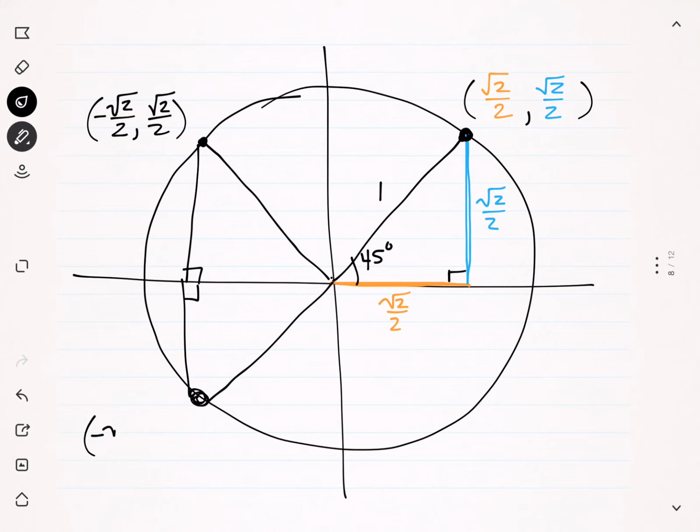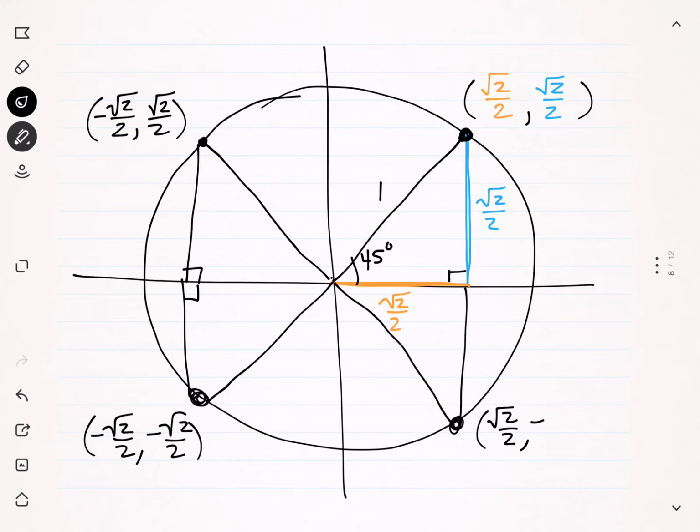So it's going to be negative root 2 over 2, negative root 2 over 2. And then in quadrant number 4, x is positive, but y is negative. So root 2 over 2, negative root 2 over 2.